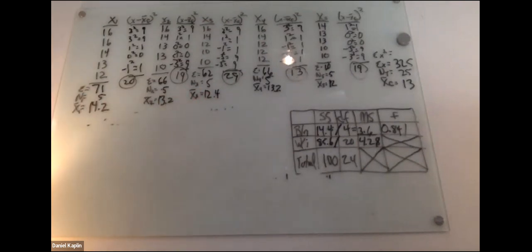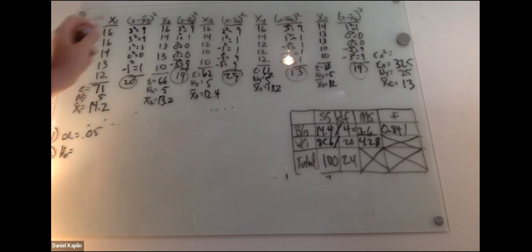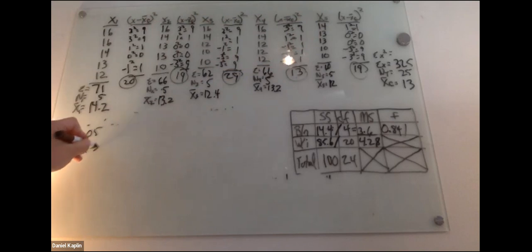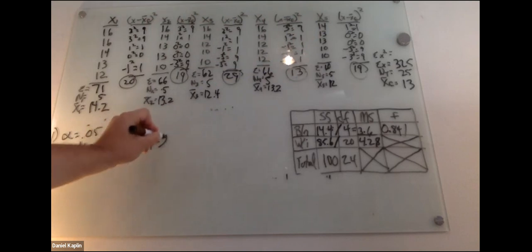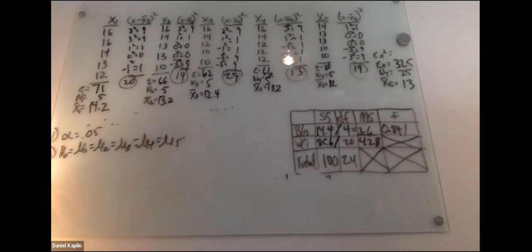So step 1 was to establish our alpha, 0.05. Step 2 is the null and alternative hypothesis. Now, our null hypothesis, we have 5 groups this time. So we say mu1 equals mu2 equals mu3 equals mu4 equals mu5.